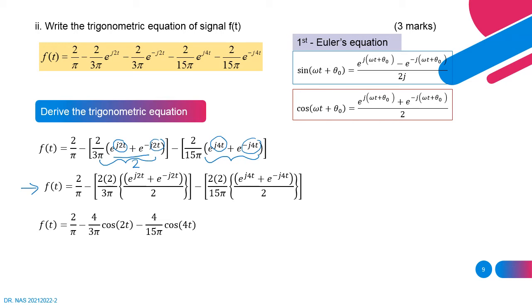Okay, but here there's no division by 2, so you introduce divided by 2 and don't forget to multiply on top with 2. Same goes to the second component. Okay, so the final answer, the trigonometric equation of signal ft equal to this.